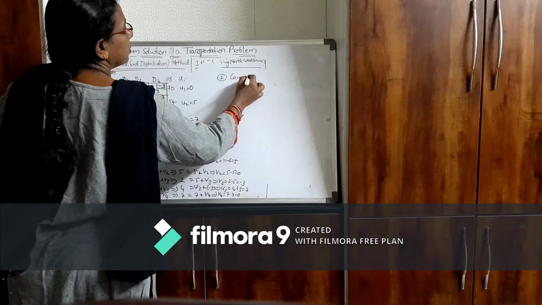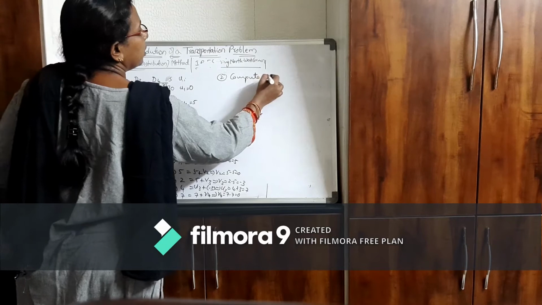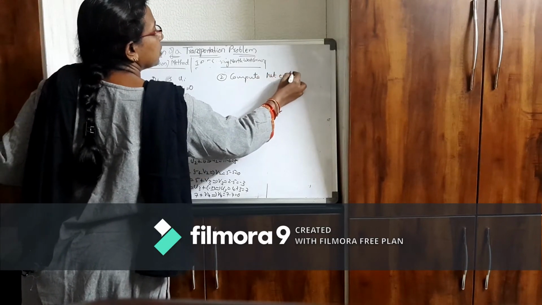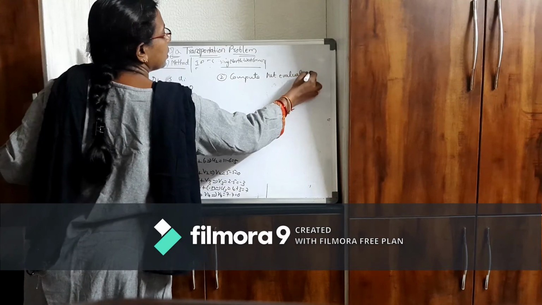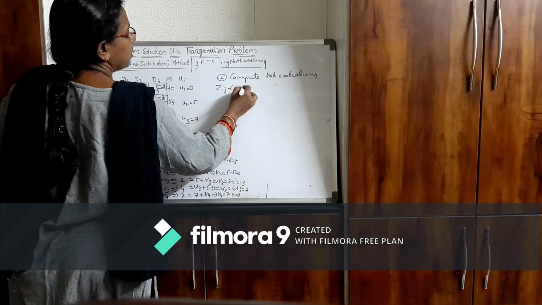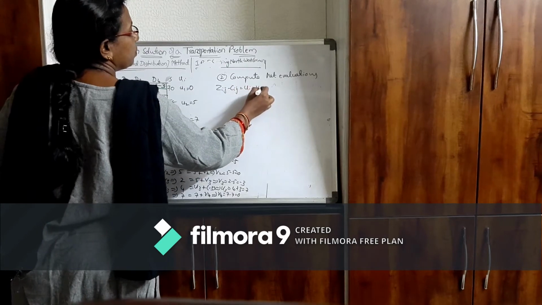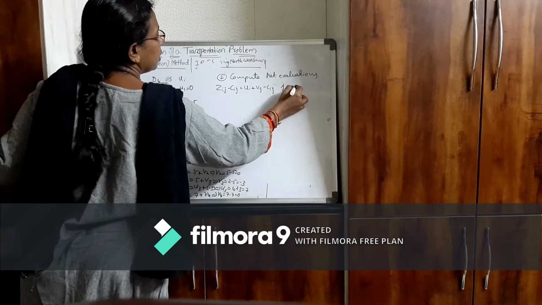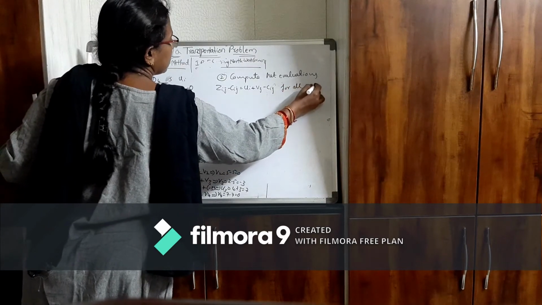Compute net evaluations, Zij minus Cij, which is equal to Ui plus Vj minus Cij, for all non-basic cells.